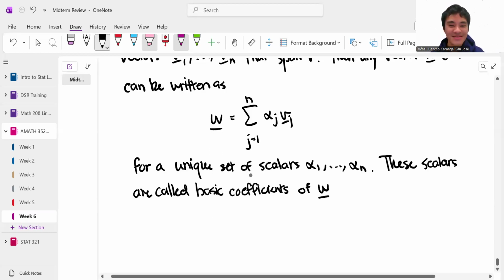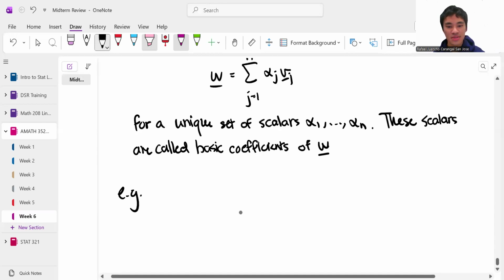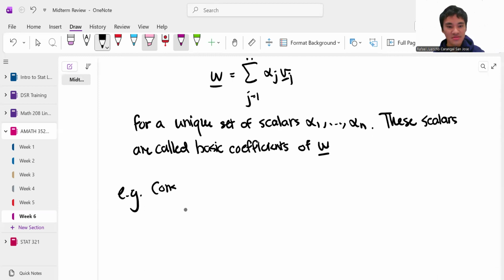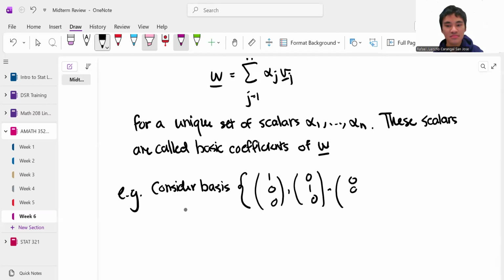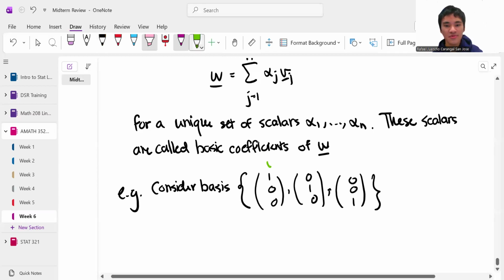Okay, let's do an example. Try this out. So say we have a set of basis vectors, and we already know what this is: standard basis vectors. I'm going to do it very informally.